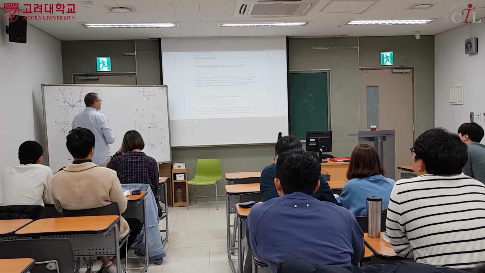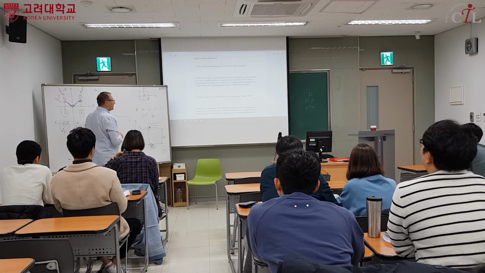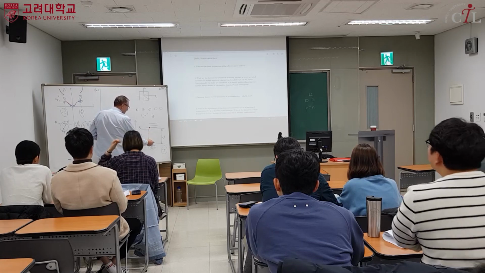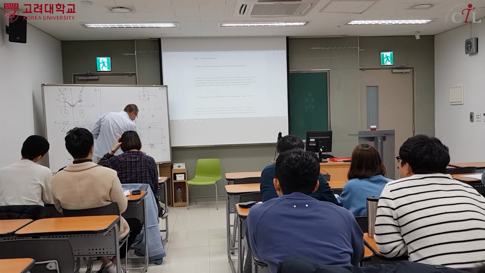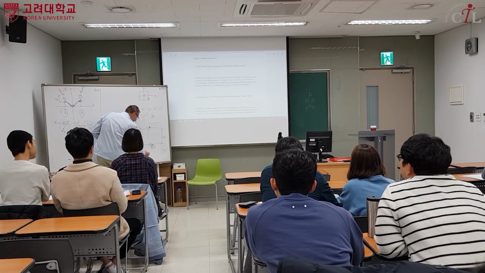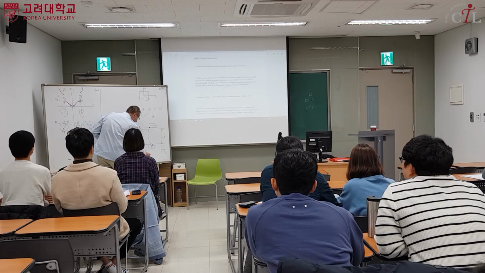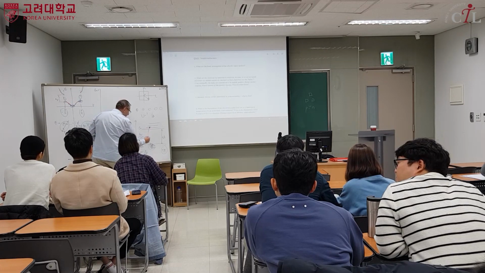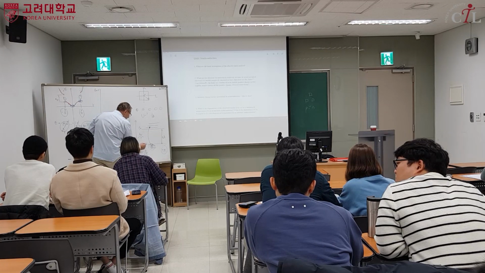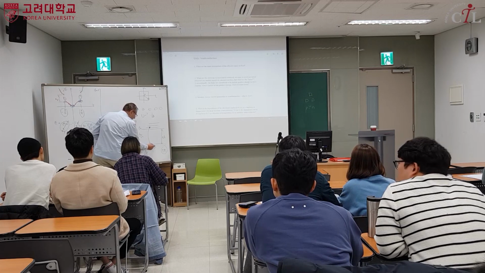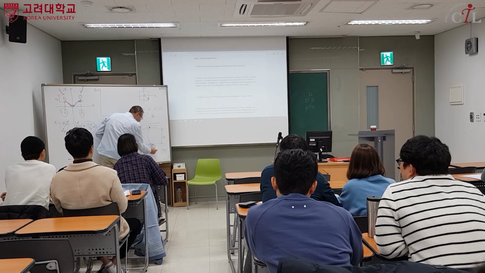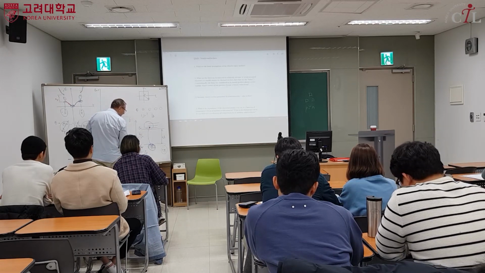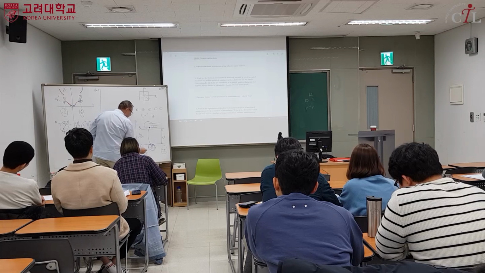So if the material is intrinsic, then we have only that process, and this process is proportional to that exponent, correct? KBT, correct? So we have basically multiplication of effective density of states here to the effective density of states here, and then this factor.